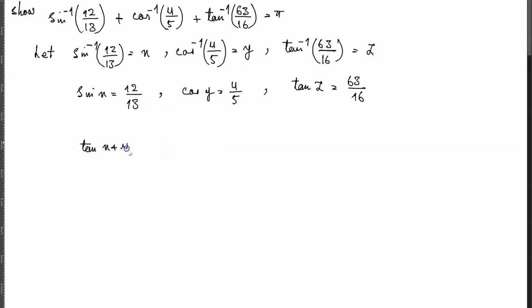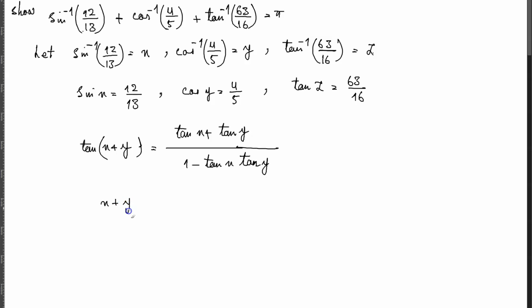We know that tan of x plus y is equal to tan x plus tan y over 1 minus tan x tan y, right? So if I use this, then I can write x plus y as the tan inverse of this whole thing over here, and that seems to prove the same thing, right?